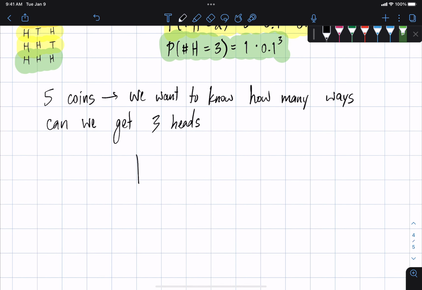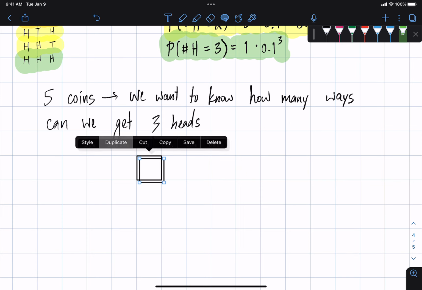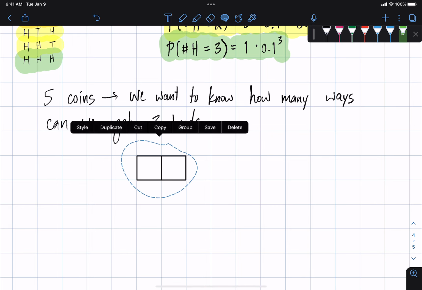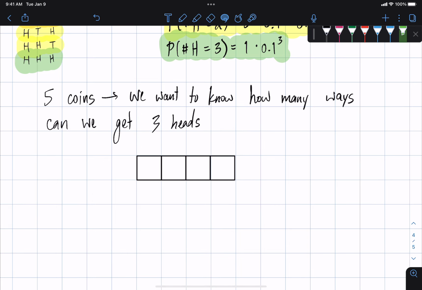So here's how I'm going to think about this: we're going to have a bunch of buckets. In particular, we're going to have 5 buckets, and maybe we label these buckets 1, 2, 3, 4, 5.